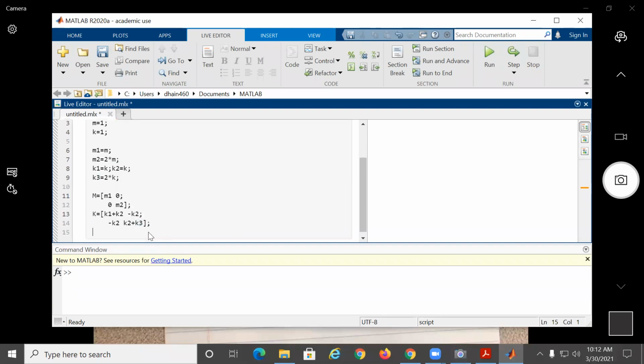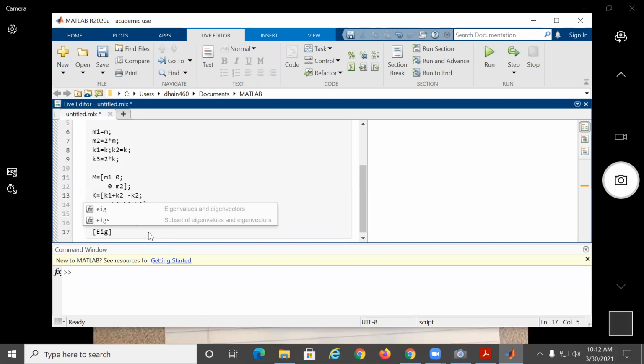Okay, so now what we're going to do is solve the eigenproblem. All right, so basically we have vectors and eigenvalues. So there's two ways to do it. This is the way I generally do it. You have here the eigenvectors, no, eigenvalues.